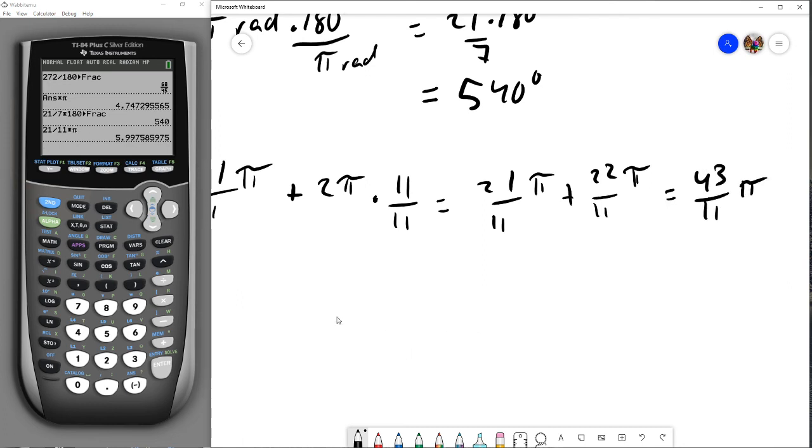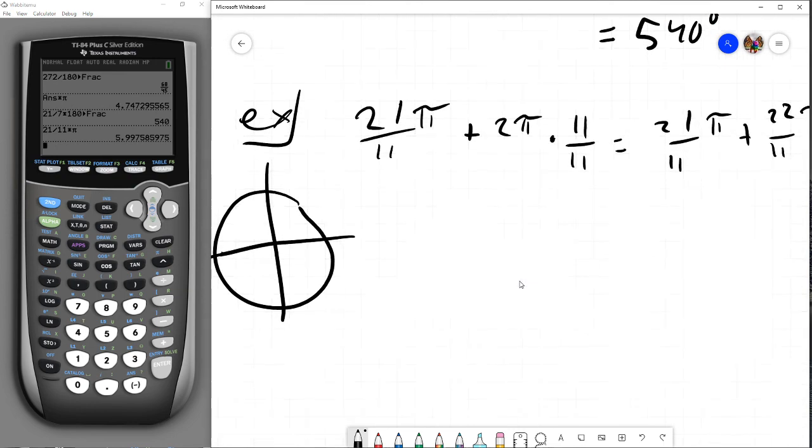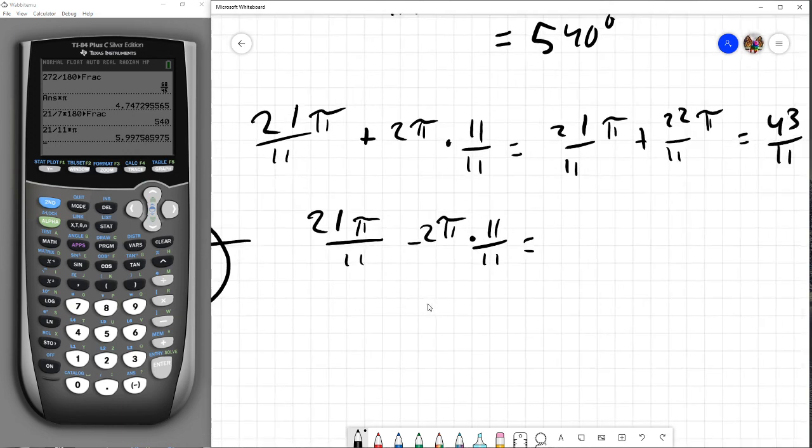Alright, so notice what we did here. In order to find a coterminal angle, we just simply added a multiple of 2 pi. And we can go the other way, right? We can take our 21 pi over 11 and subtract 2 pi. And we still have to multiply our 2 pi by 11, but the same principle.